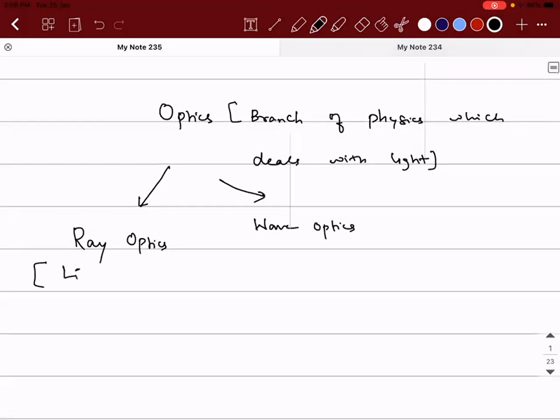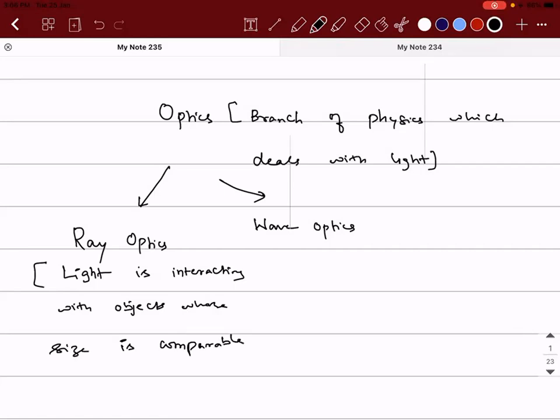This is when light is interacting with objects whose size is comparable to the wavelength of light used. Means if light is interacting with those objects where you can compare the wavelength of that light with the size of the object, under that scenario, the branch of optics is classified as ray optics.